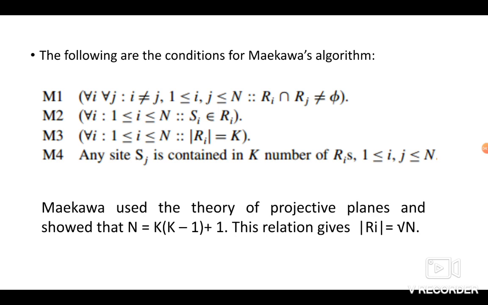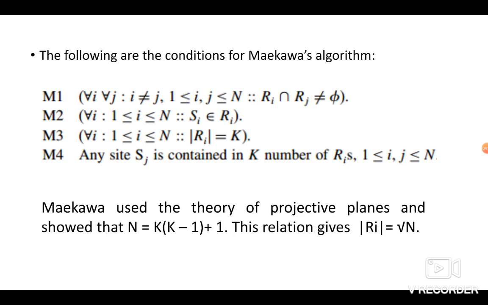These are the conditions for Maekawa's algorithm: M1, M2, M3 and M4. M1: for every i and every j, where i is greater than or equal to 1 and j is less than or equal to n, Ri intersection Rj should not be equal to the empty set. M2: for i ranging from 1 to n, Si should be in Ri.